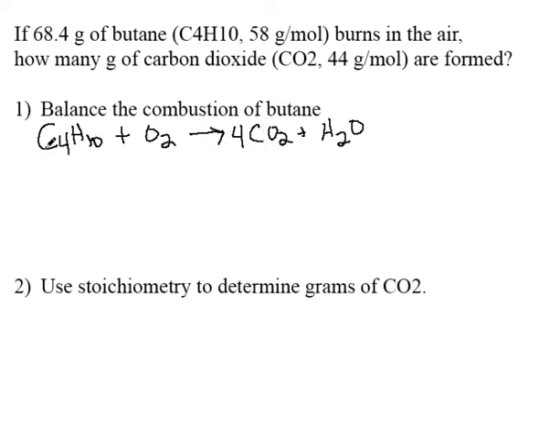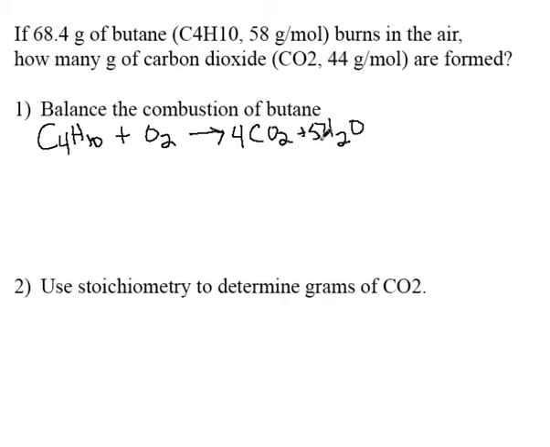Now we have 4 carbons on the left and 4 on the right. In butane there are 10 hydrogens, so we need 10 hydrogens in the products. Water is the only product that has hydrogen, so we balance the hydrogen there. Each water has 2 hydrogens. We need 10, so we want 5 waters.